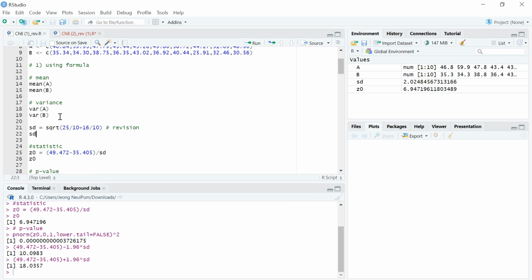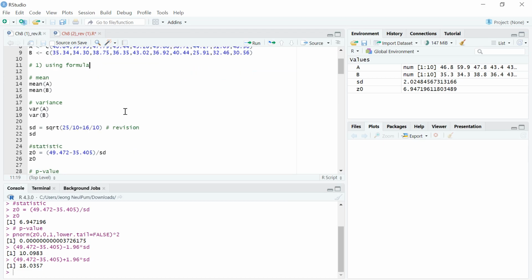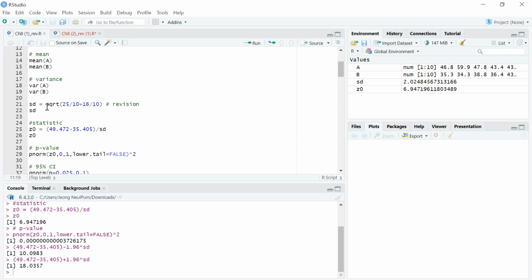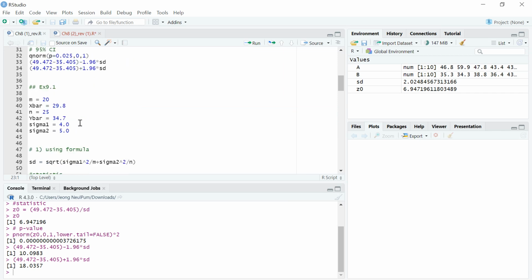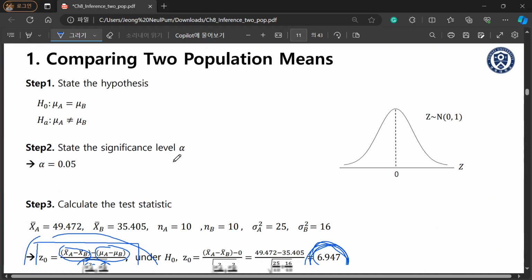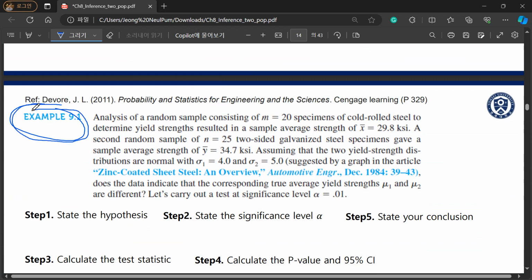So we must not use the standard deviation of each sample. Make sure that I modified the number here, so please do not be confused. I marked it as revision when I updated it from the previous version. So please check it. And the next example is example 9.1 here.